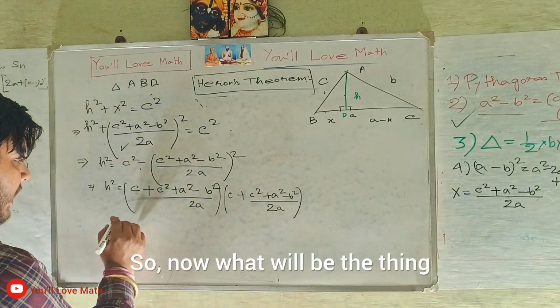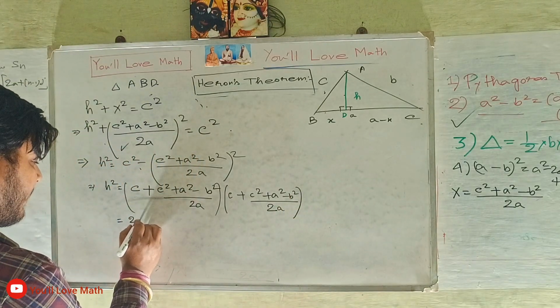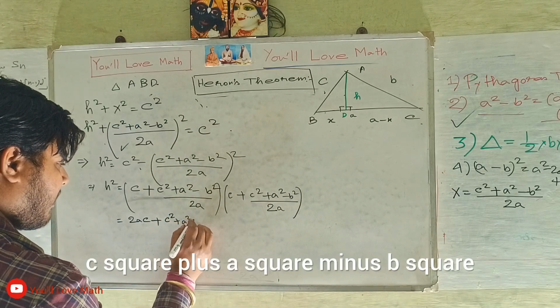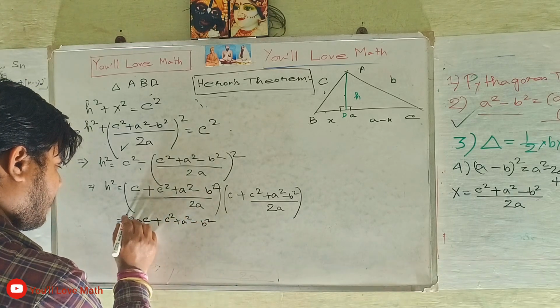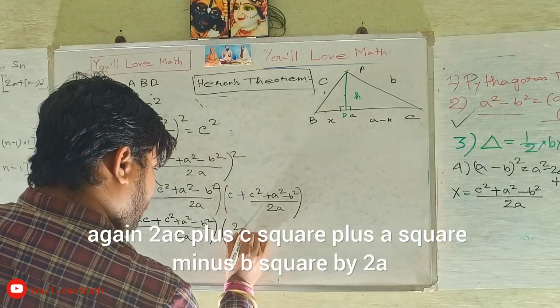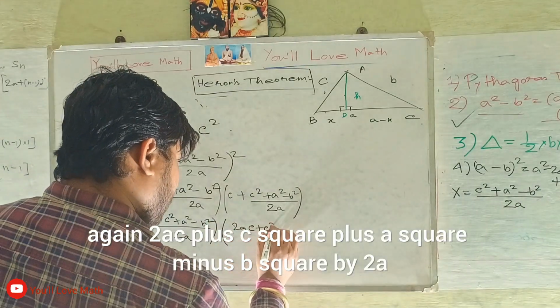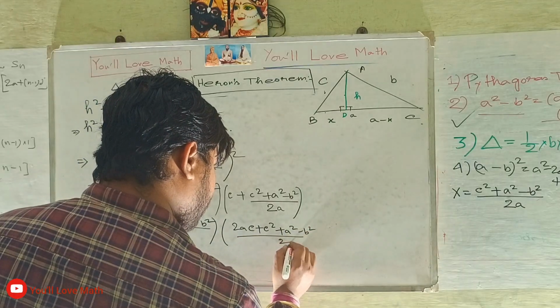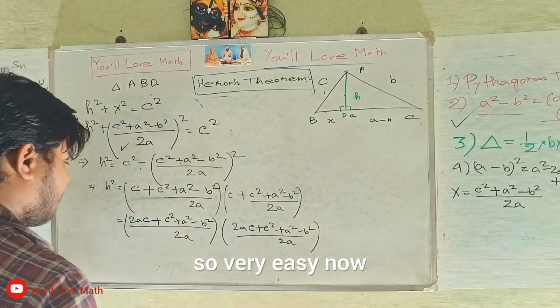Okay. So now I am doing the LCM, 2A: 2AC plus C square plus A square minus B square by 2A, and again 2AC minus C square plus A square minus B square by 2A. So very easy.